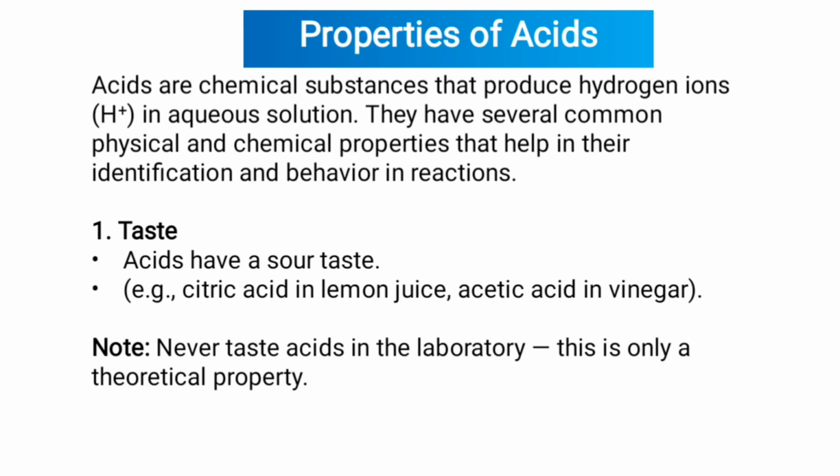The first property is taste. Various acids have a sour taste, e.g., citric acid in lemon juice and acetic acid in vinegar. Also note, never taste acids in the laboratory. This is only a theoretical property.